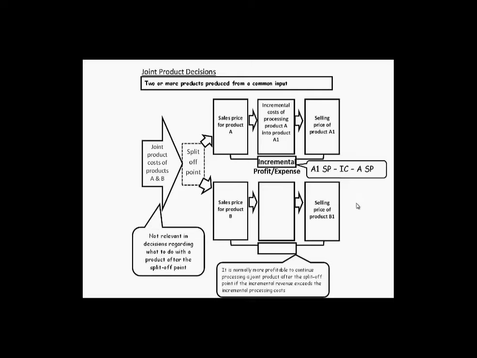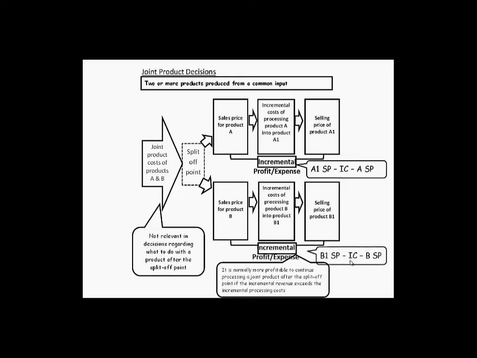We go through the same process with product B. We're going to start off with product B, and then we're going to incur the incremental costs of processing product B into product B1. And there will be a new selling price for product B1.